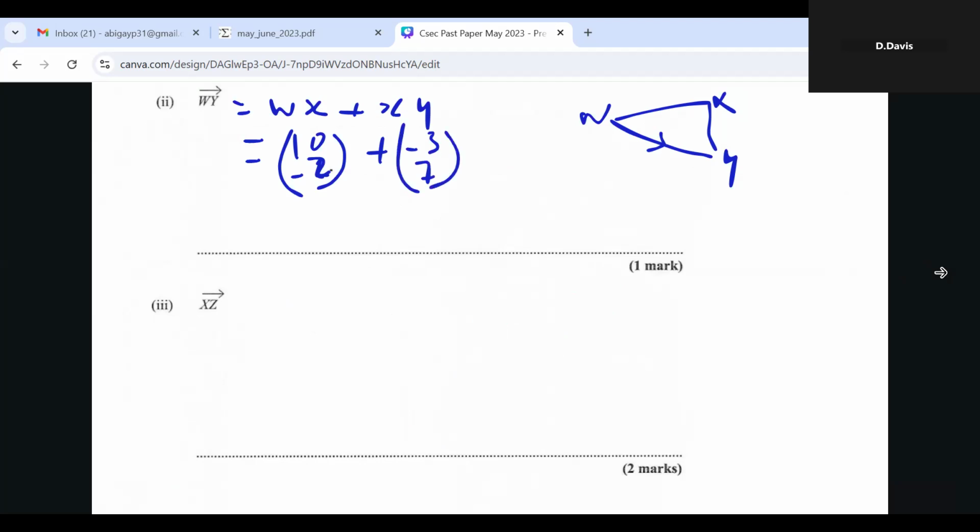So we're going to add the top and the bottom. 10 plus -3 is 7, and -2 plus 7 is 5. So that's our answer right there.